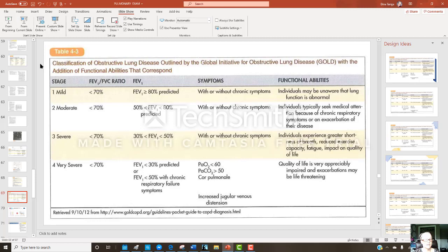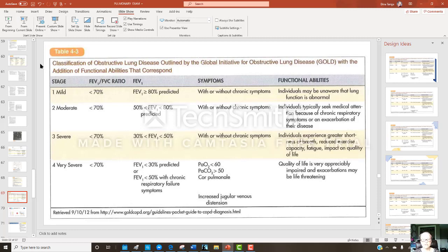Moderate: less than 70%, 50% or greater, FEV1 less than 80% predicted. I don't understand any of that.